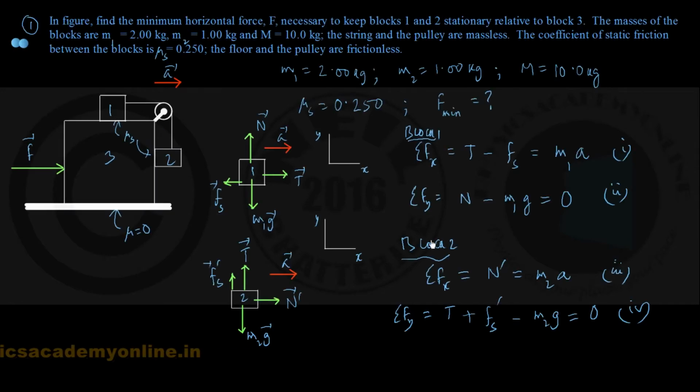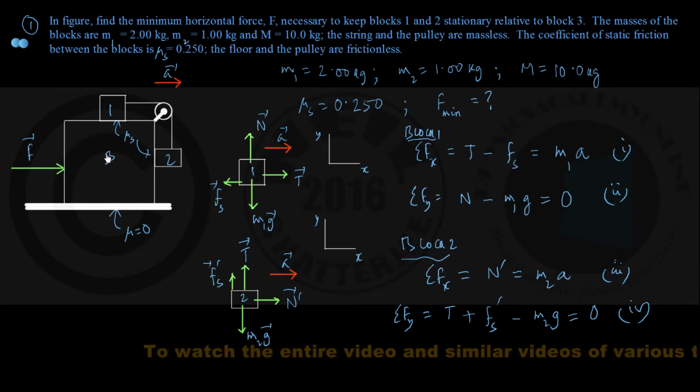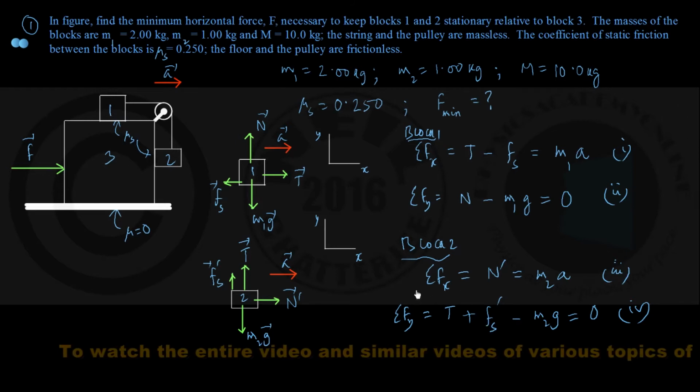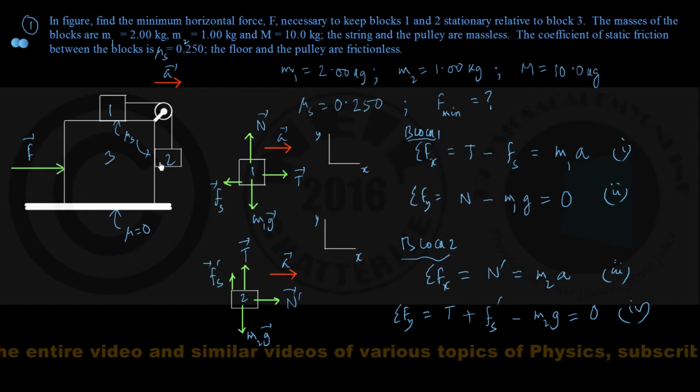Once we have come so far, let's look at the question once again. They're looking for the minimum horizontal force F needed so that blocks 1 and 2 remain stationary with respect to block number 3. So looking for a limiting case in which we find minimum horizontal force. And under this limiting situation, these static frictional forces Fs between block 1 and block 3 and Fs dash between block 2 and block 3 reach their limiting value, that is Fs max.